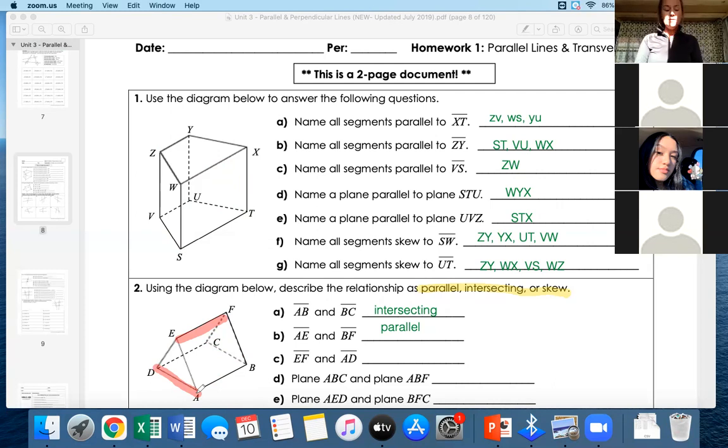Yeah, they're skew because they don't make any sense together. They're not parallel, they're not perpendicular, they're not intersecting. Skew is the only word that goes with them. Great job, Kristen.